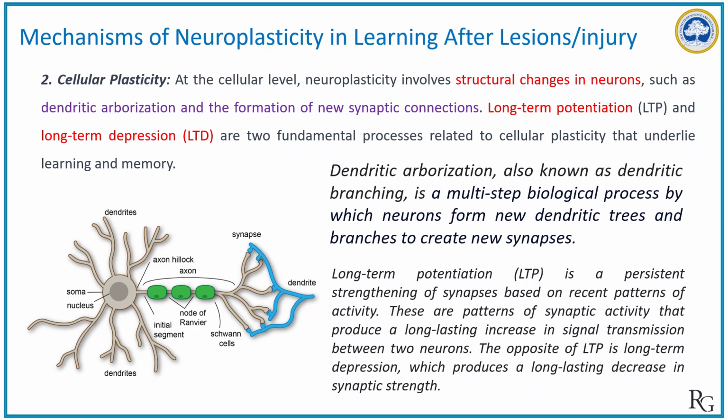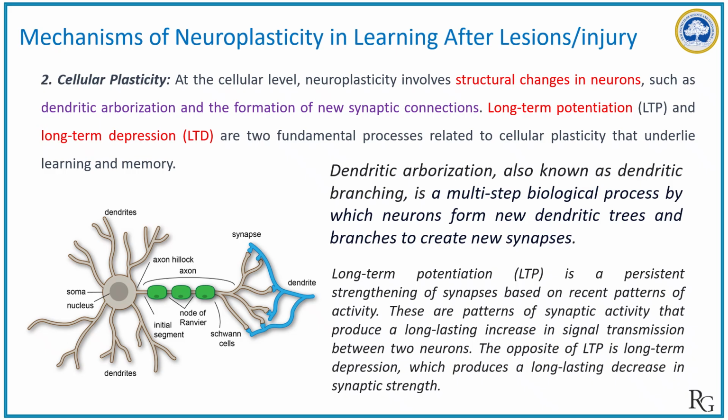Alongside this structural growth, there are also important functional changes at the synapses, which we can classify into two key mechanisms. One is long-term potentiation, LTP, and the other is long-term depression, LTD. LTP refers to the strengthening of synapses after repeated or patterned activity, making communication between neurons more efficient.